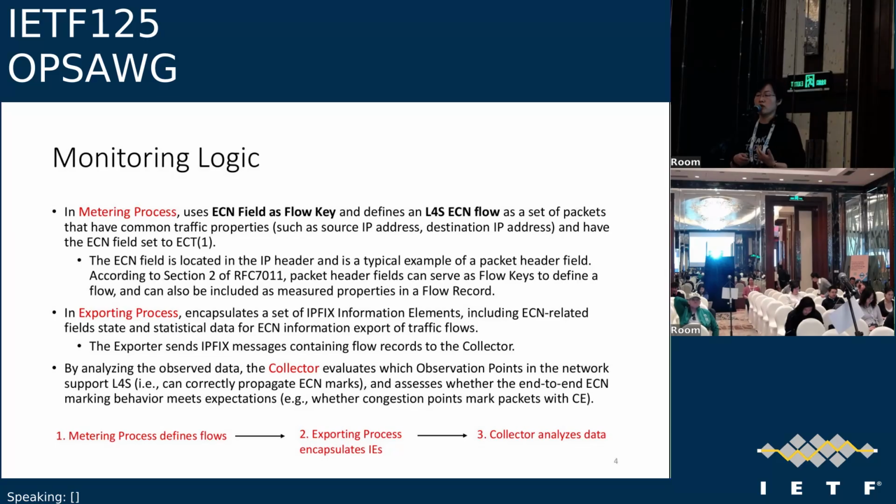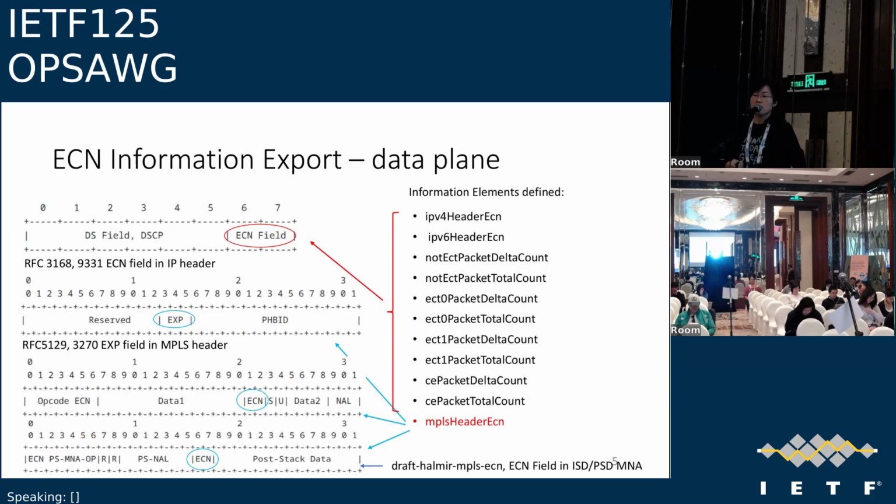The exporter will export this related information to the collector, and through analysis by the collector, it may provide the outcome to operators to help investigate or assess the network performance.